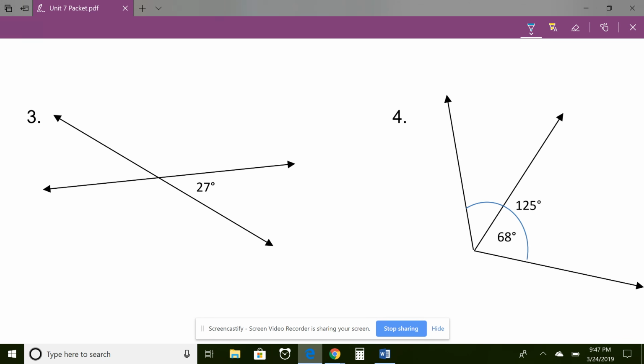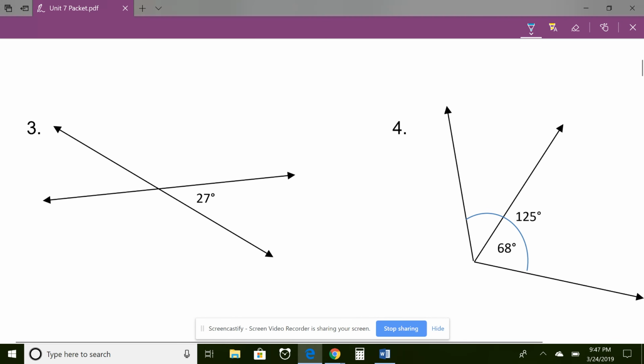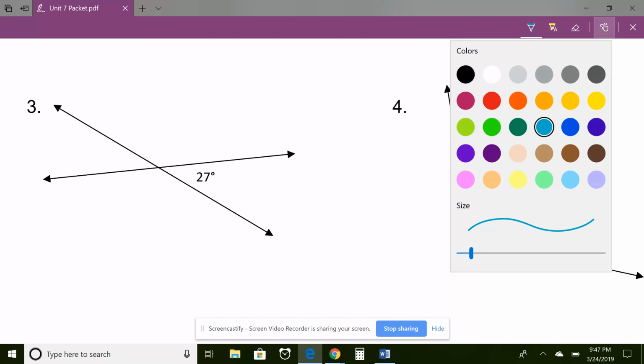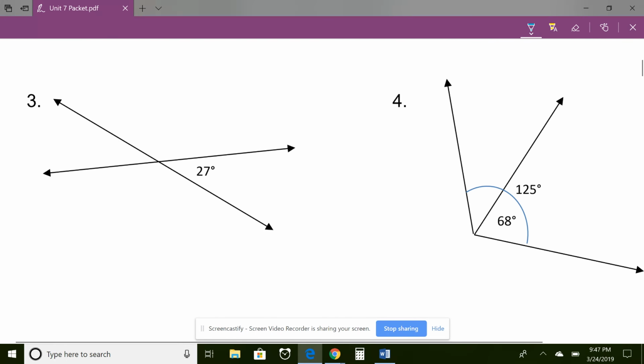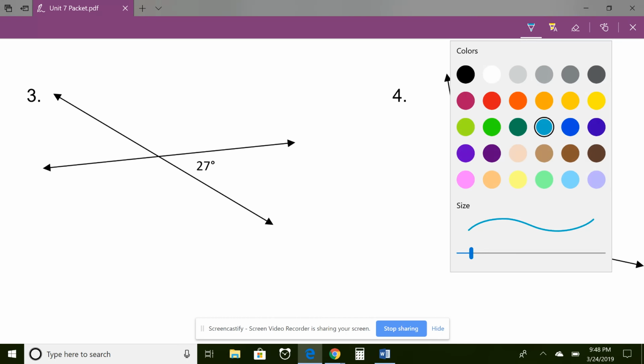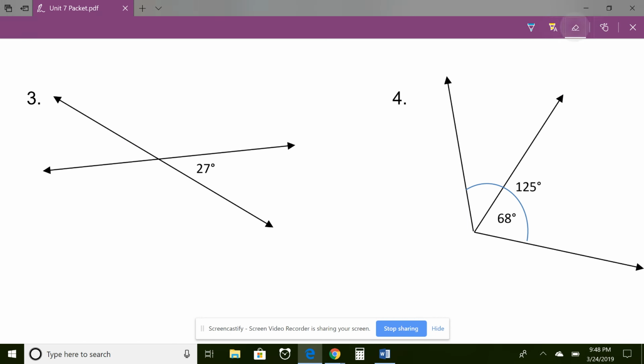supplementary angles. So if we look at this problem right here in number 3, I have a figure. We have two lines intersecting.